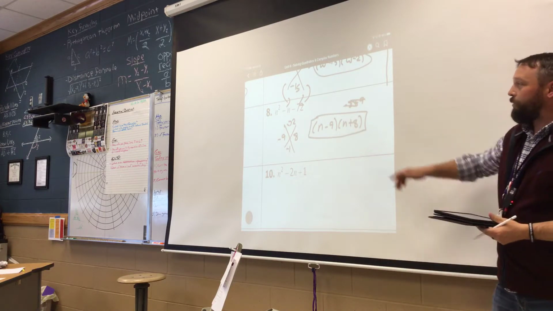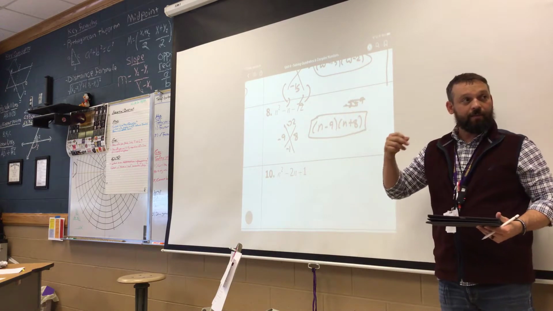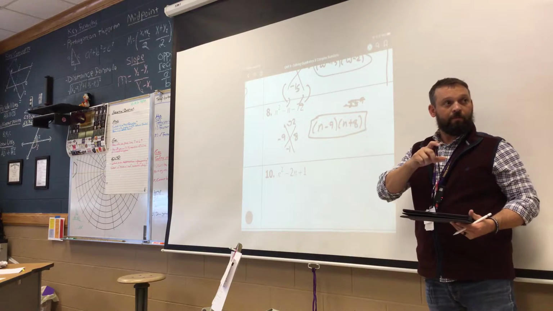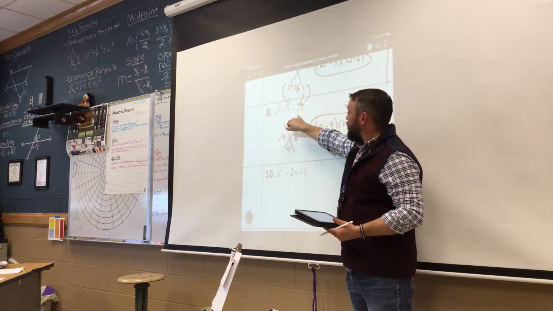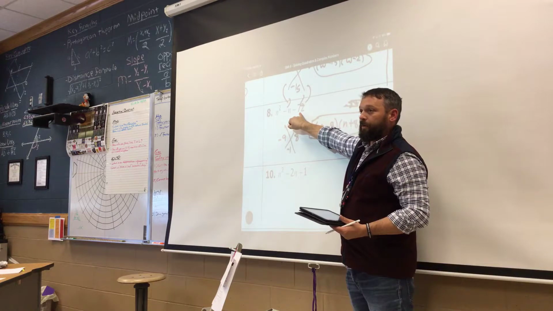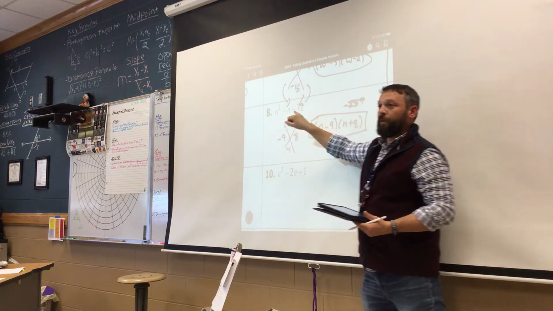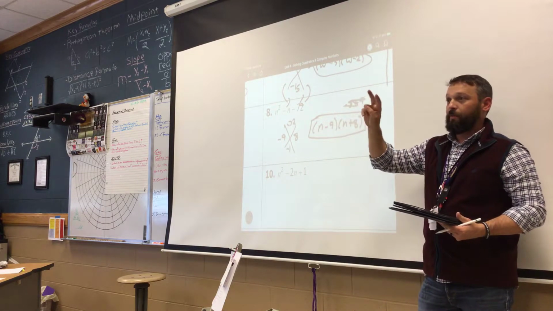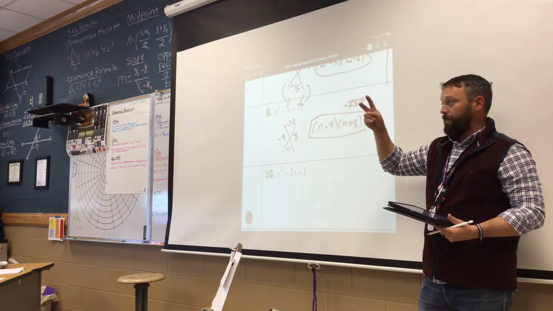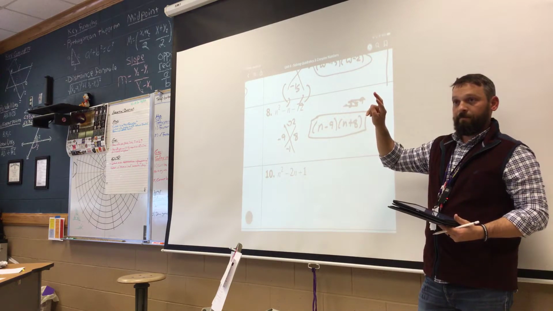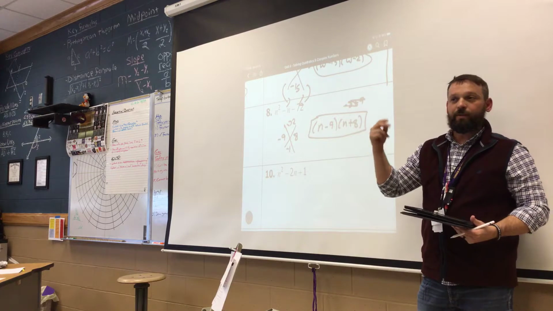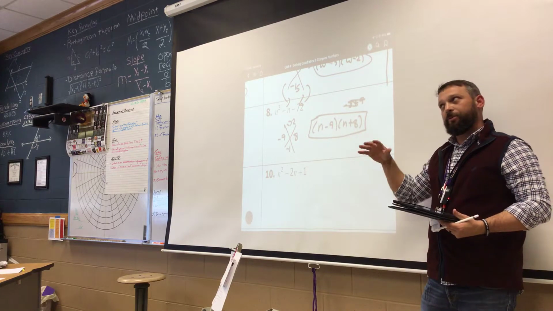So with this right here, here's another little hint. If your last number is a negative, that tells you that one of the numbers is going to be negative, and the other one will be positive. So there's little tricks that the more you do these, they'll help steer your thinking.